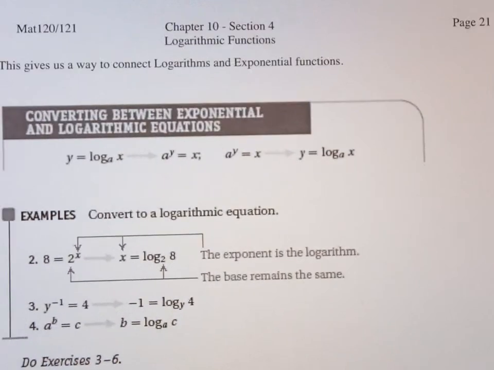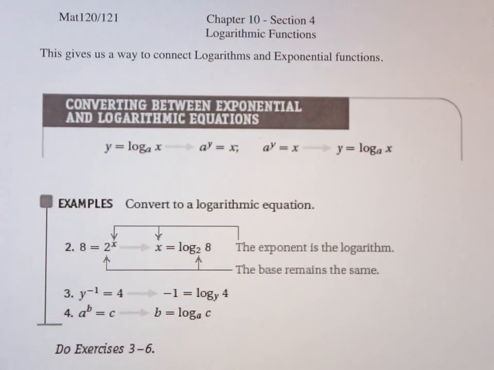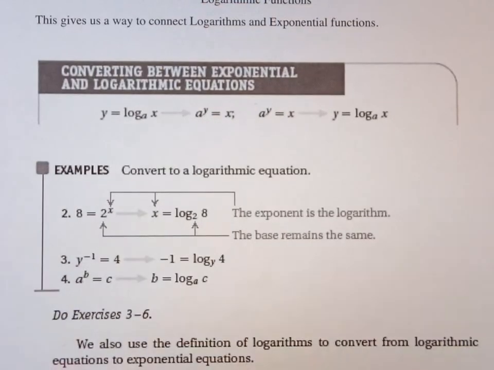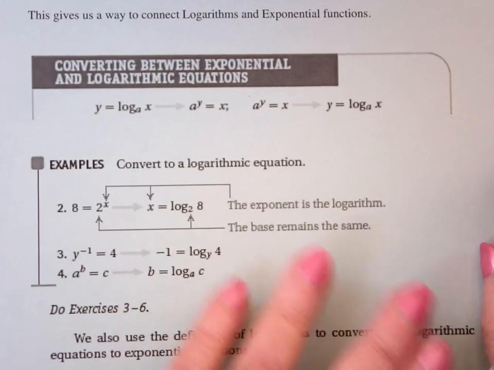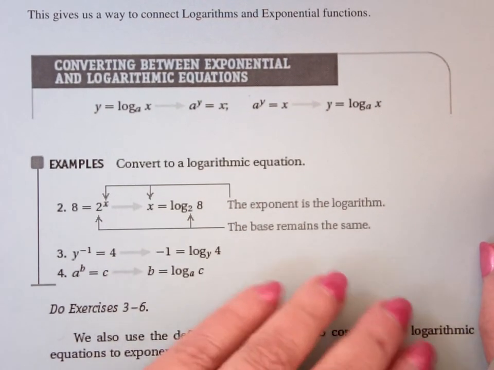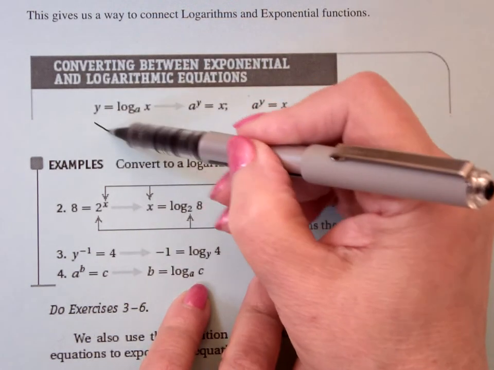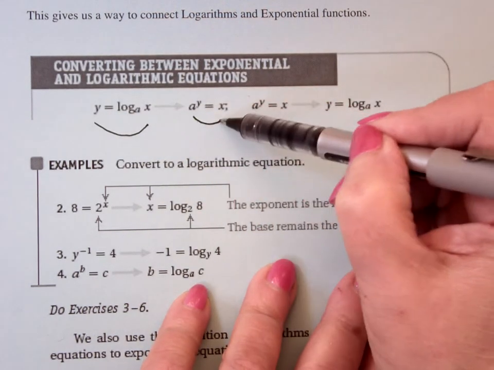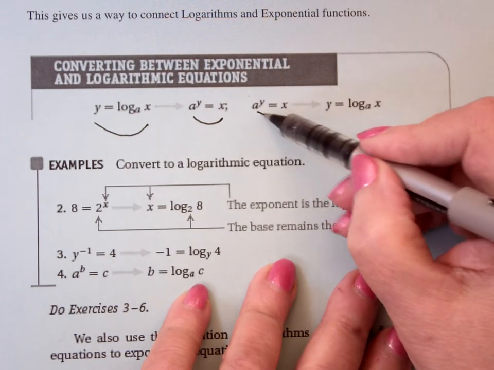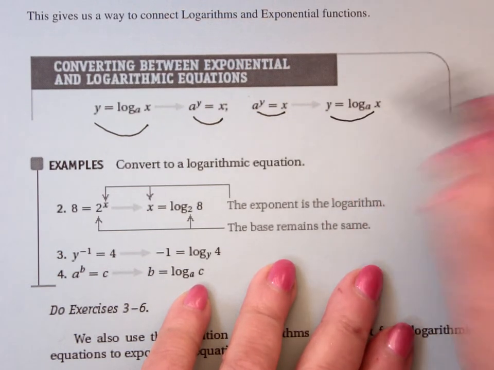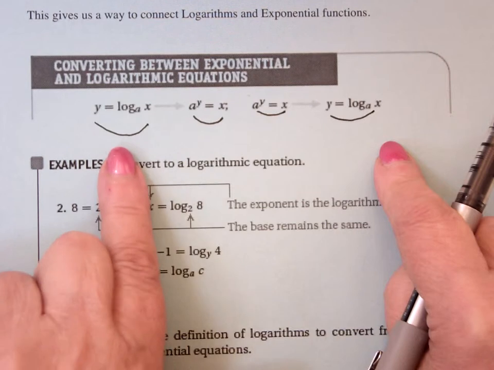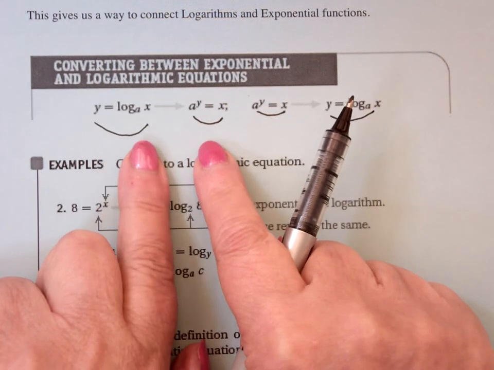The most important thing that we're going to be doing in order to work with this stuff, and if you can't do this, you probably are going to be killed on this last exam, is that you need to be able to move from log notation to exponential notation and from exponential notation to log. 90% of the time, we're going to be going this direction.